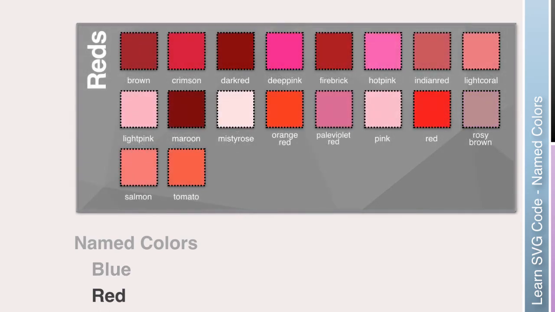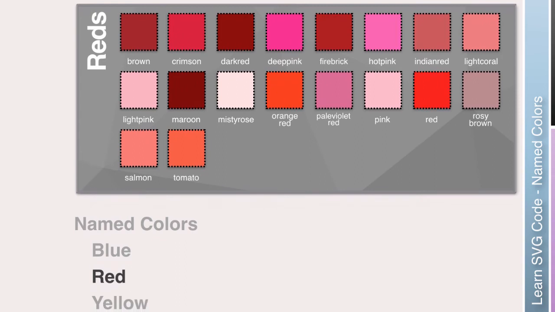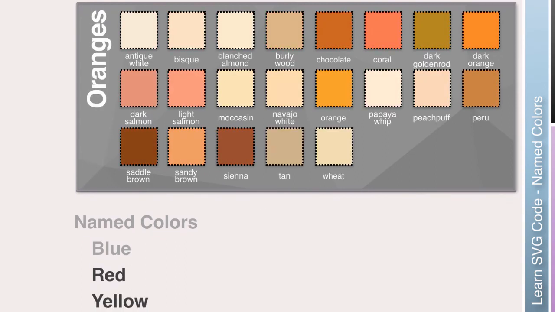Okay, here are the reds and pinks, and these are the reddish pinks. I left the purplish pinks into the purple section. Here are the orange-ish colors, which includes browns and tans.